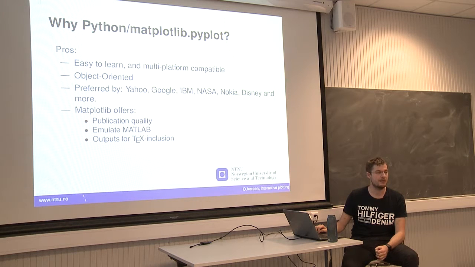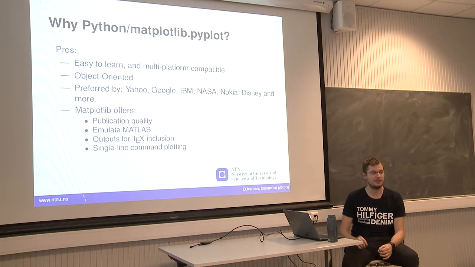You also have the option to output directly to LaTeX and TeX files, so that you can quite easily import it into your articles. And most of all, the basic plotting of Matplotlib is mostly single-line code. If you want a bar plot, you do plot bar of something. You don't have to set up a lot of stuff as you otherwise would in, for instance, MATLAB.